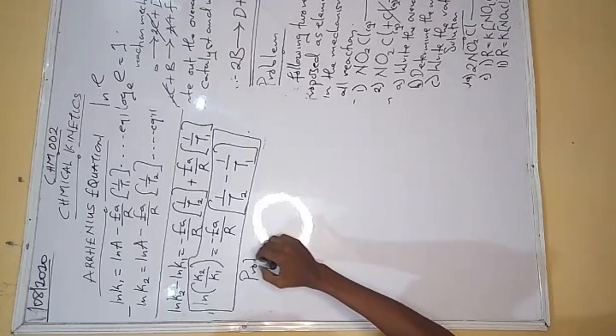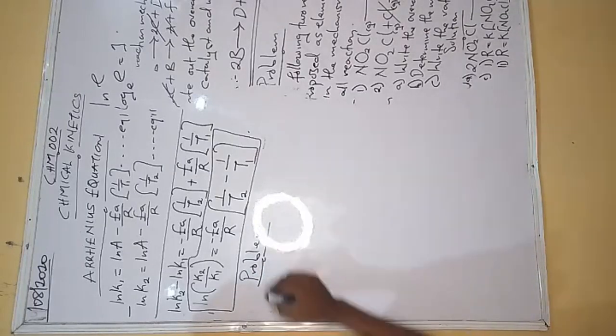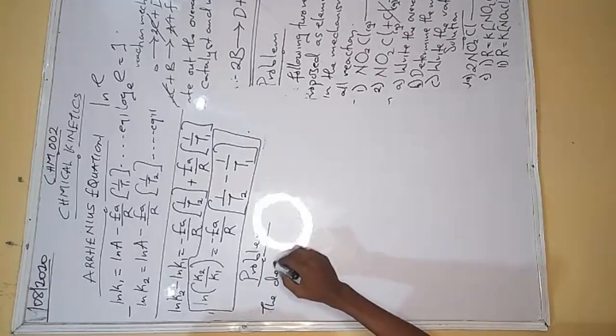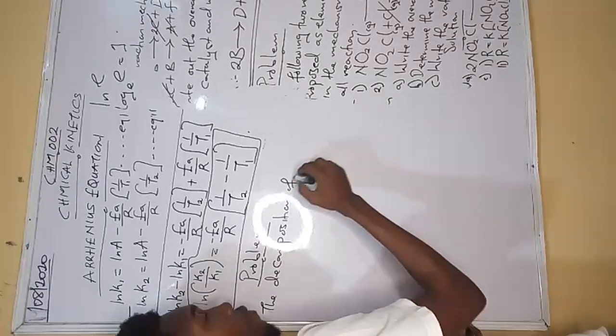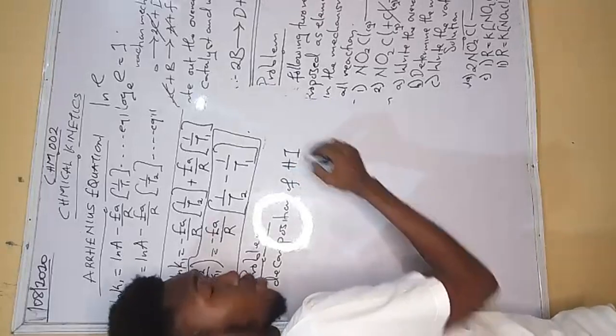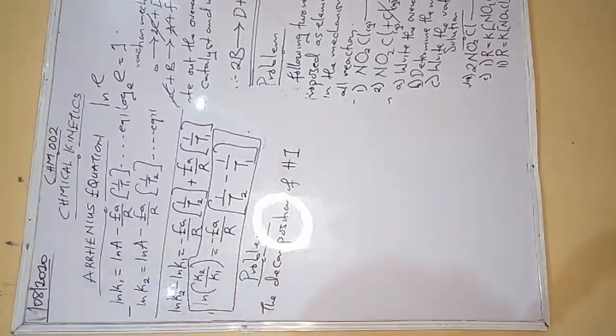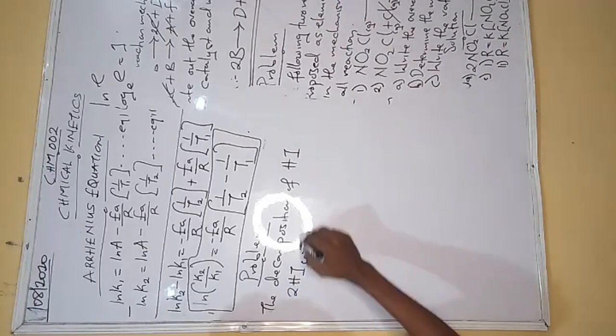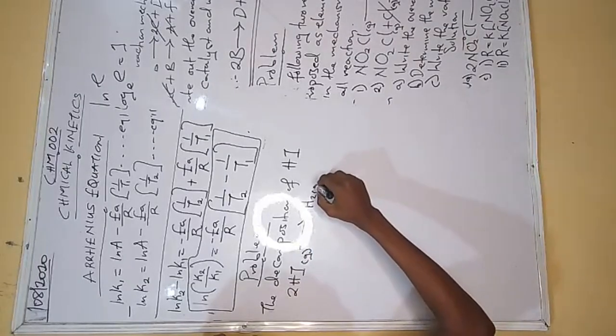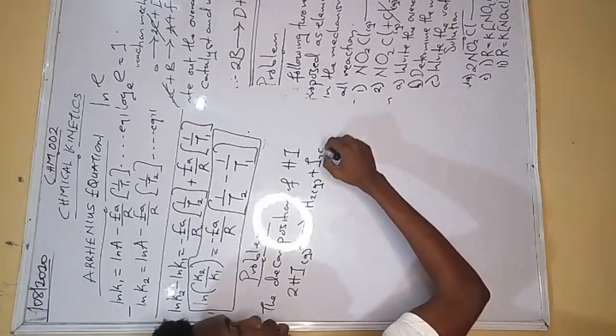The question says, problem: the decomposition of hydrogen iodide. That is, it follows this reaction, 2HI gas, which will decompose to form hydrogen gas plus iodine gas.